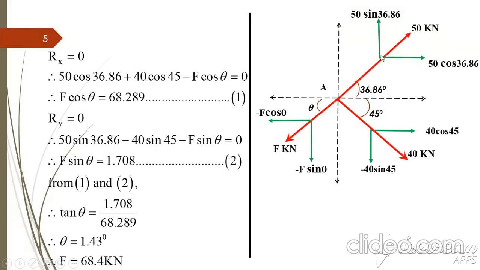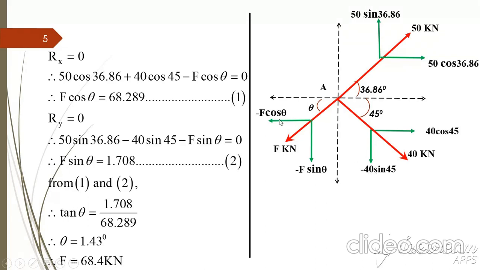As the angle is made with respect to the x-axis, the x component of 50 is cos and the y component of 50 is sin. Similarly, 40 kN is resolved. The angle is made with respect to the x-axis, so the x component is cos 45 and the y component is sin 45. The x component is in the positive x, so positive; the y component is opposite to positive y, so negative.